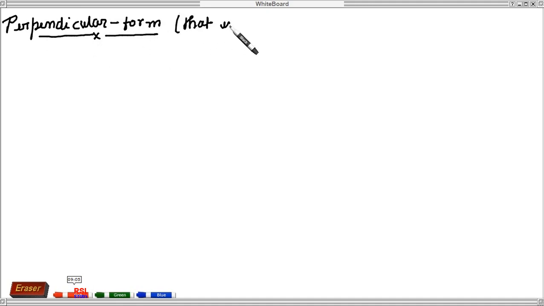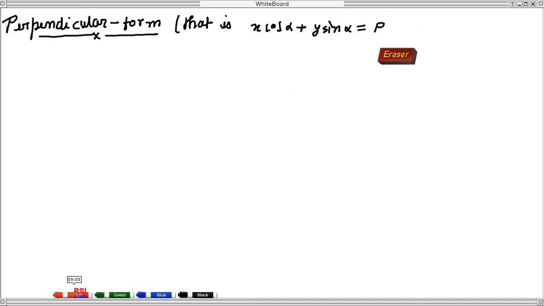Perpendicular form is x cos alpha plus y sin alpha equal to p.